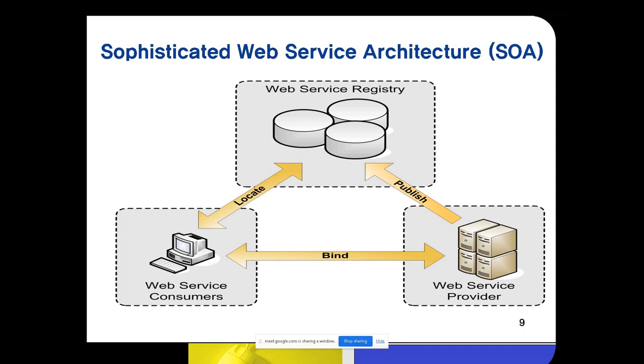Once the connection has been established between the web service consumer and the provider, there will be a direct relationship between them. Once the binding has happened, they will send and receive messages and services as they want. This is how web services work in three-tier architecture.